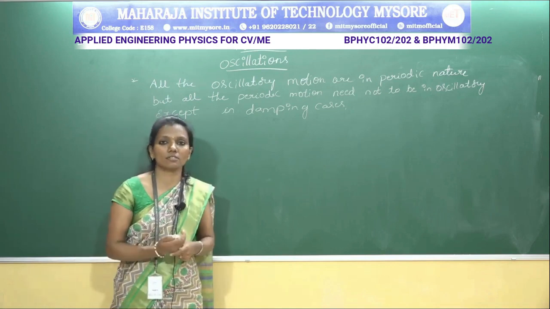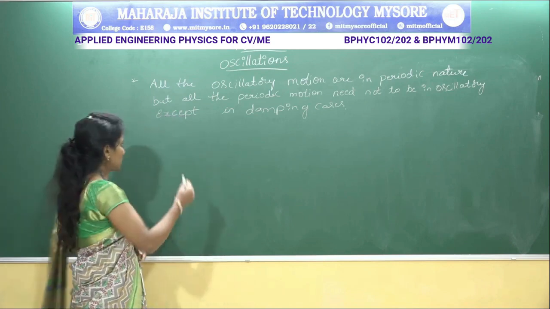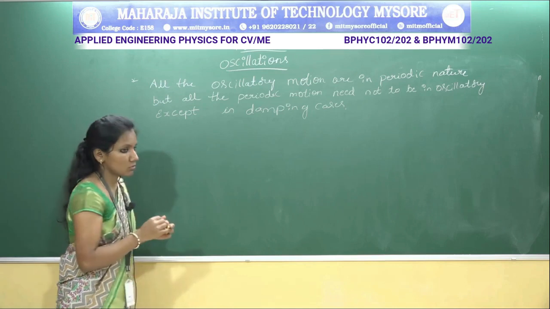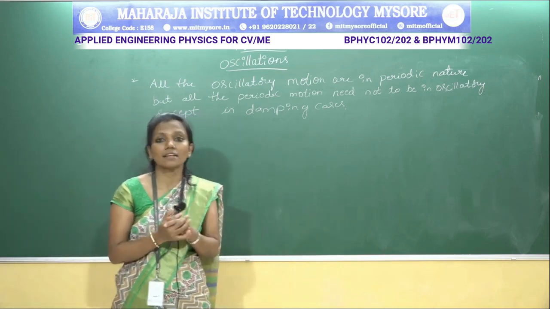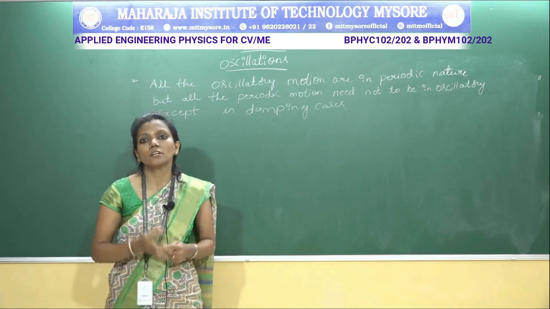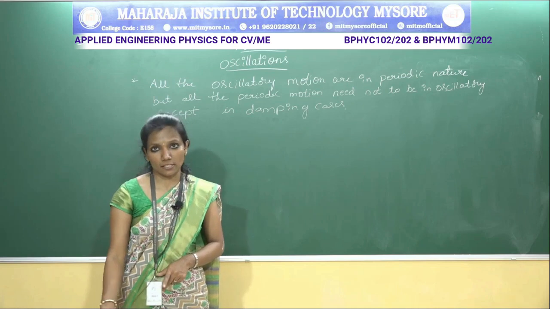So then what are the main causes of oscillations? If a system oscillates, it mainly depends upon two properties: inertia and elasticity.